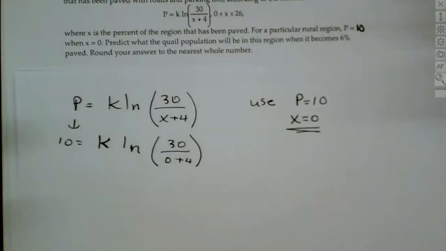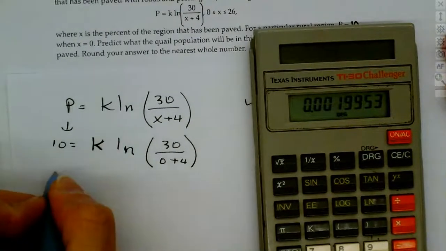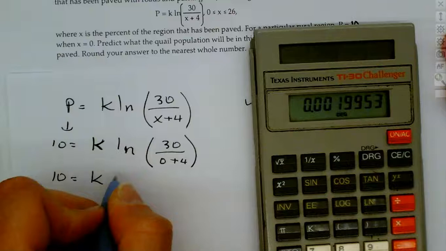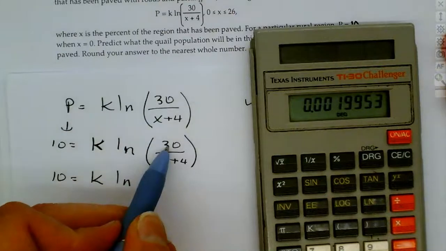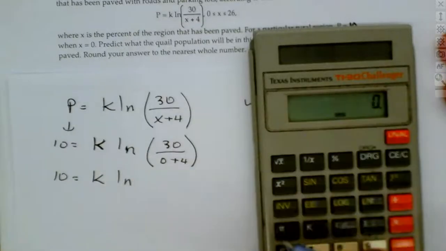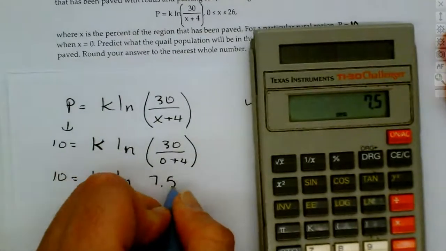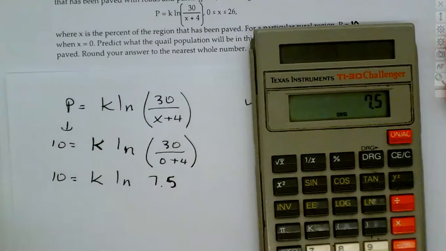It's completely unimproved land. So that gives you 10 equals K natural log of 30 over 4, and 30 over 4 is 7.5.